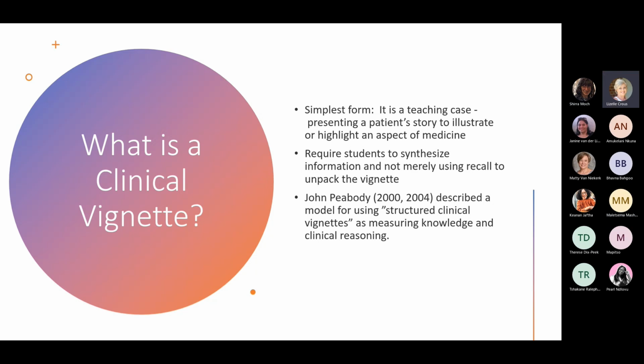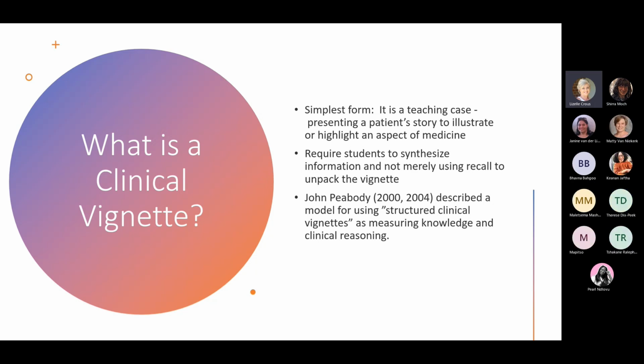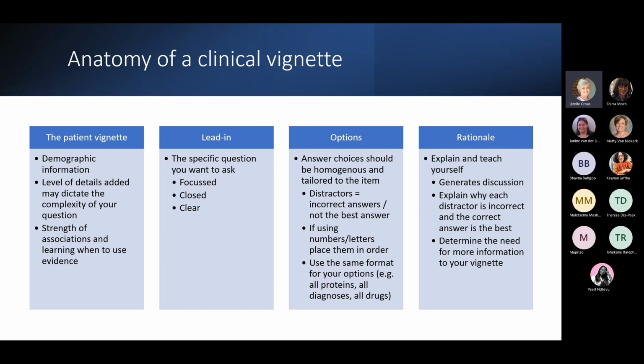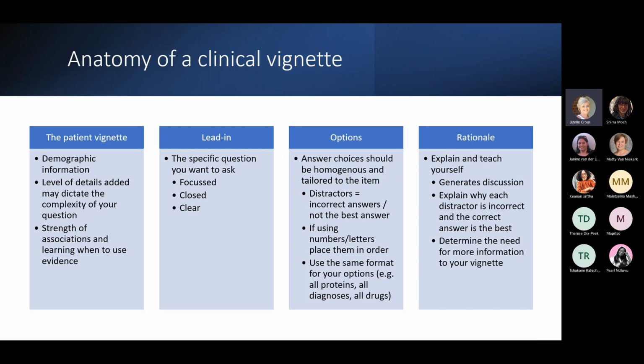Okay. But let's go through the discussion again. The next thing that I'm going to show you is the anatomy of a clinical vignette. So basically what they are saying is how do you structure the clinical case or your vignette before you start, which leads into the questions that you will be asking. They first say the first part is the patient vignette. So that's the story of the patient.